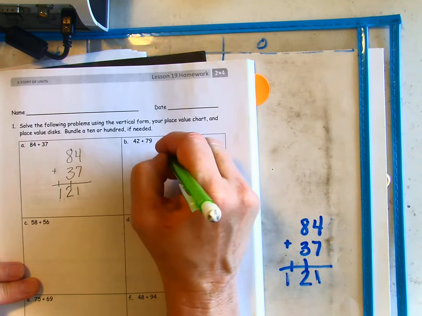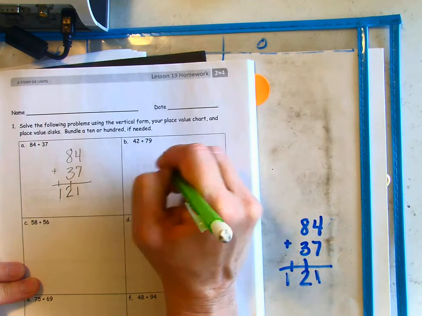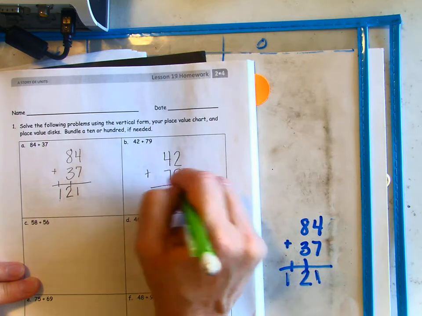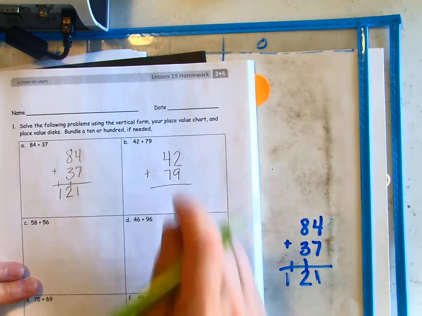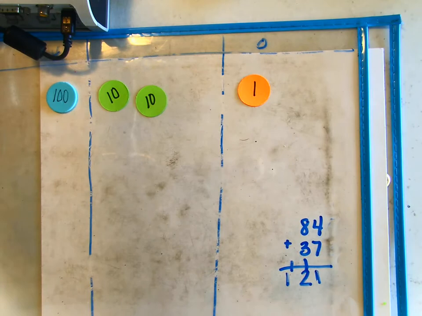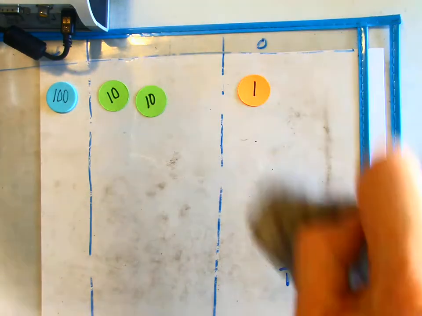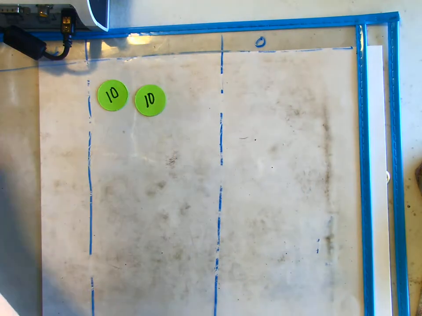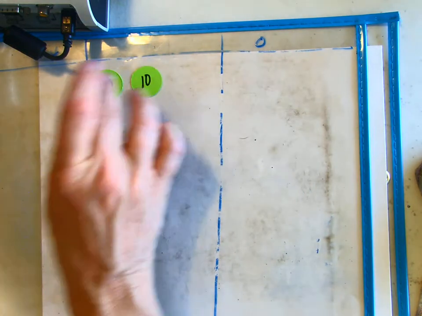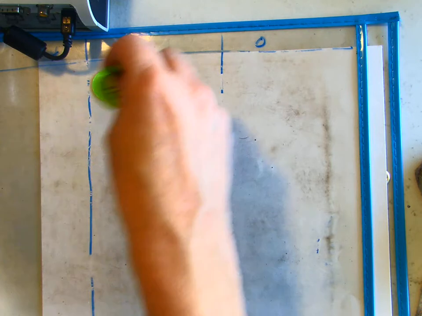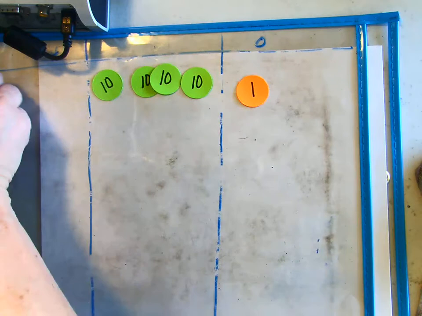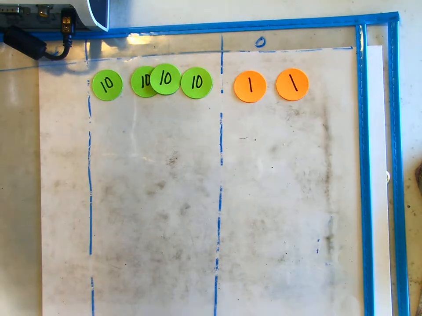42 plus 79. And again, make sure you're lining your numbers up very carefully. We have 42, 10, 20, 30, 40, 41, 42.